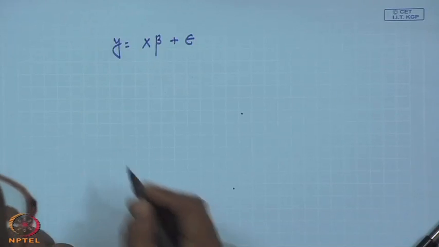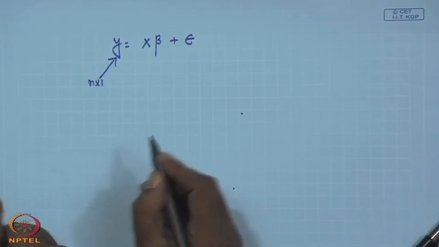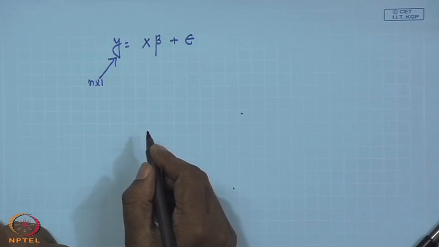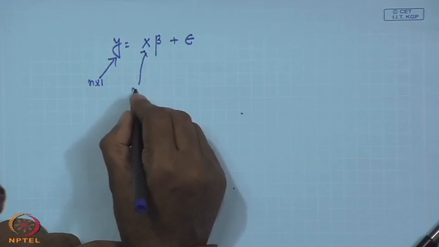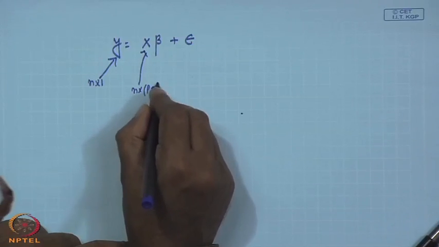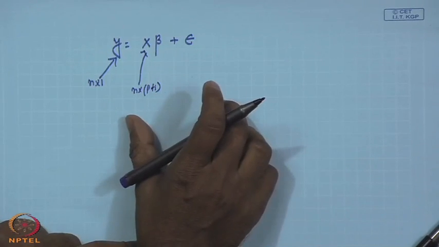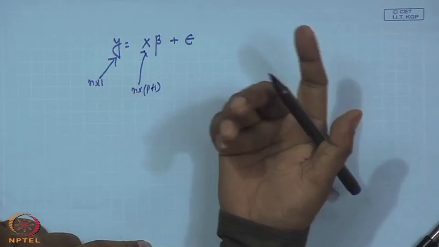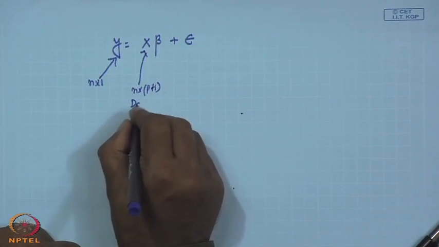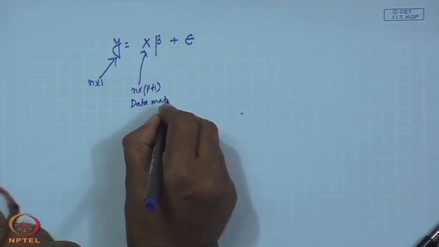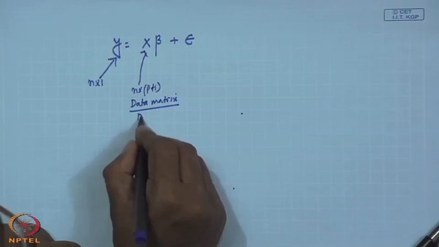Where y is the n cross 1 vector of observations of the dependent variable, x is n into p plus 1, the data matrix of IVs including intercepts. This is also known as the data matrix. Actually, x is this one including intercept, so we say this one is the design matrix.